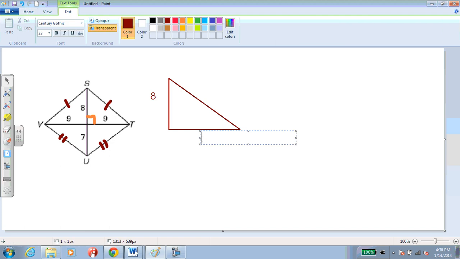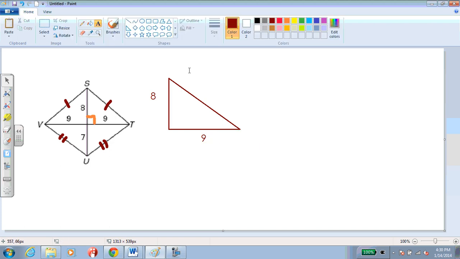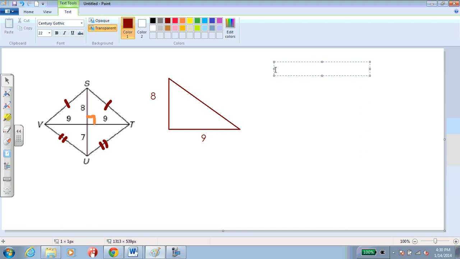Sometimes it helps to draw the triangle outside the picture. So I have to apply the Pythagorean theorem here. I will say 8 squared plus 9 squared equals c squared.